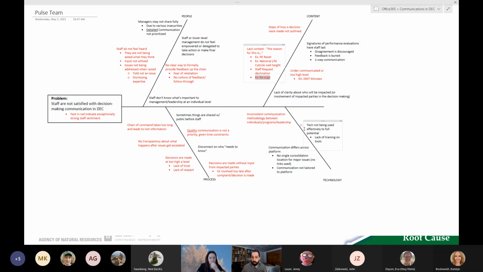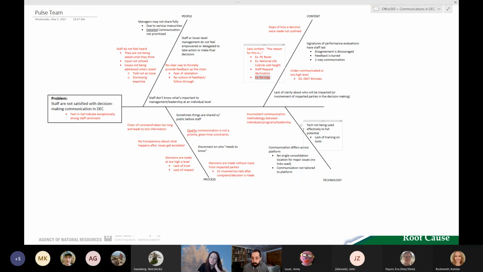So you imagine a close-knit team works out the root cause analysis, comes up with a bunch of potential factors, but then you open it up to a larger community and allow them to vote, using multi-voting or some sort of process to say, I agree, I think this is a really significant problem, and that would really help you pinpoint the areas where people think the most change is needed the soonest.